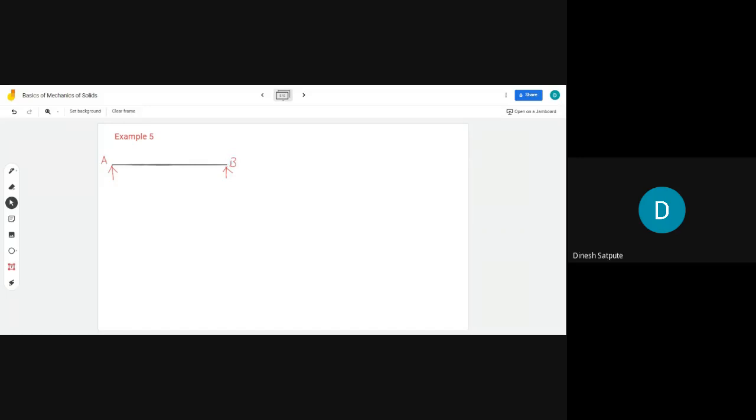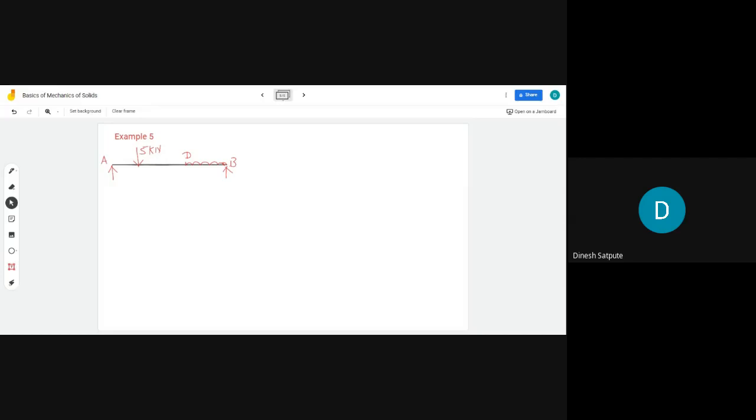Now let us say it has UDL acting over some span like this, and at this point, say point D, there is one force that is acting at this point, concentrated load, which is having magnitude equal to 5 kilonewton acting in downward direction.